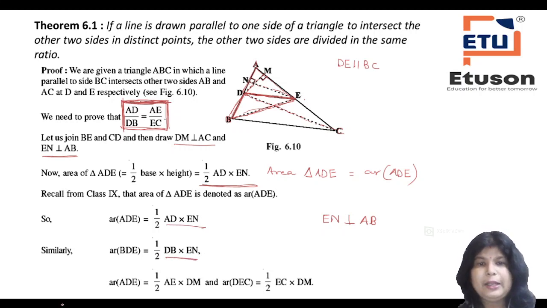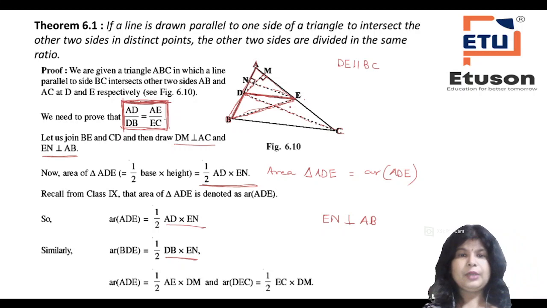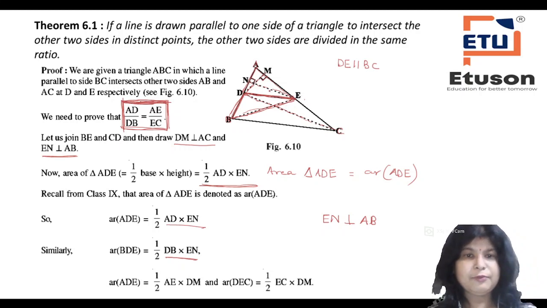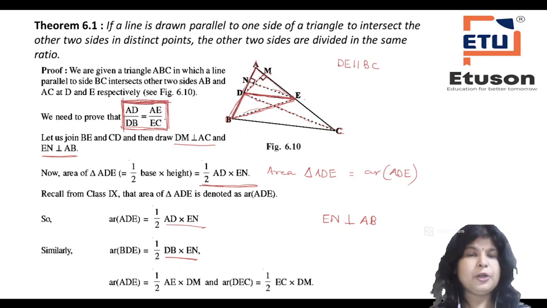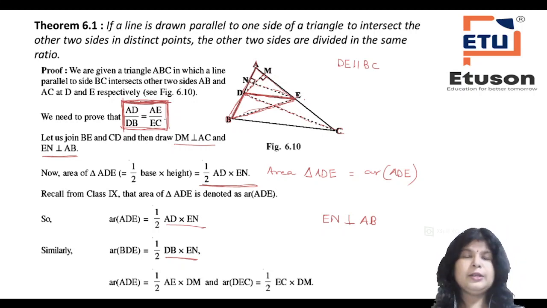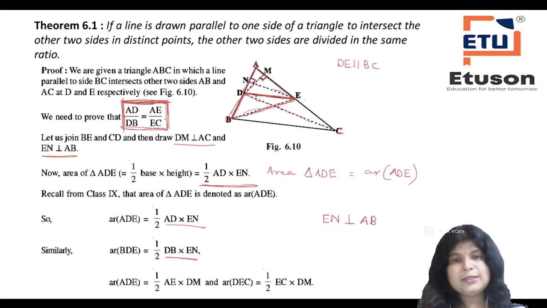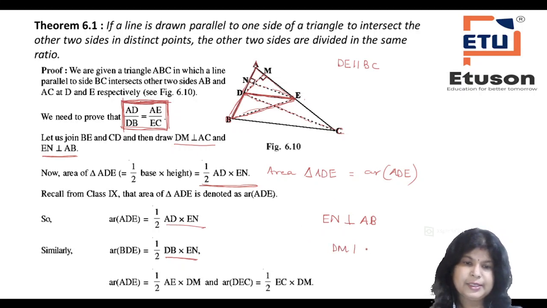Similarly, area of triangle ADE, we can write out in another form also. What is the area taking the other base into account? Because you have plotted two altitudes here, one altitude from E, another altitude from D. So considering the altitude DM, because we know that DM is perpendicular to AC, right?